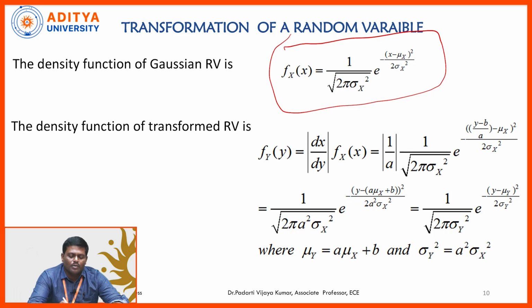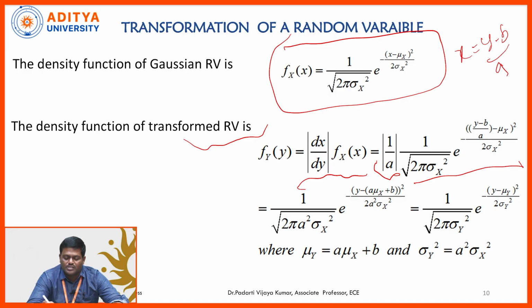Now, the newly formed random variable's density function is equal to the absolute value of dx by dy into fx of x. So, the absolute value of dx by dy is 1 by a, and in fx of x I replaced with the general equation. We know that x is equal to (y minus b) by a, I replaced with that. After taking the LCM, we get (y minus a mu x minus b) whole square by 2a square sigma x square.